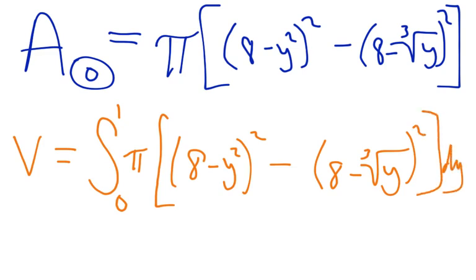Once again, we could evaluate this on our calculators if it's on a calculator portion of the AP exam, and if it's not on the calculator portion, it depends on the question. The question may just say find the integral that represents the volume of the solid, and we could stop here.